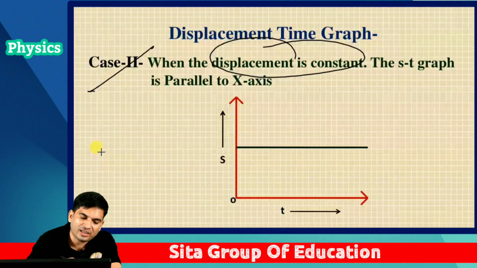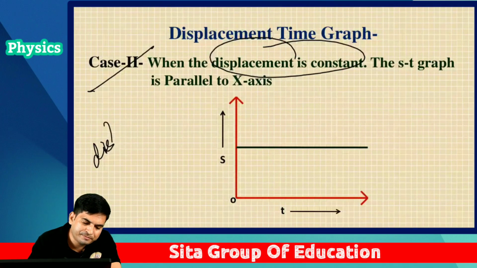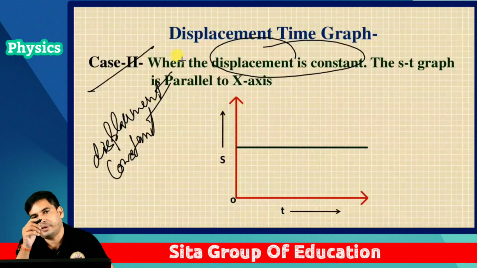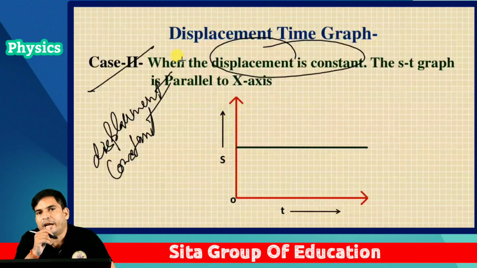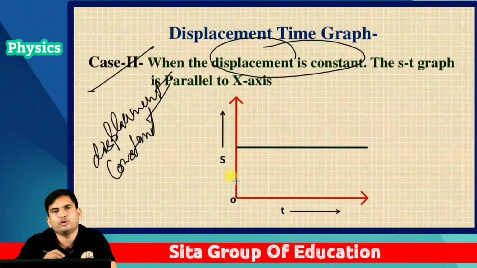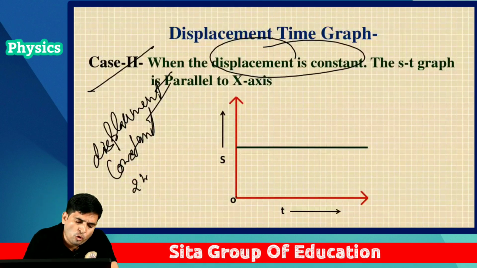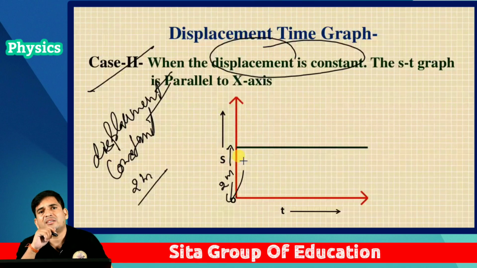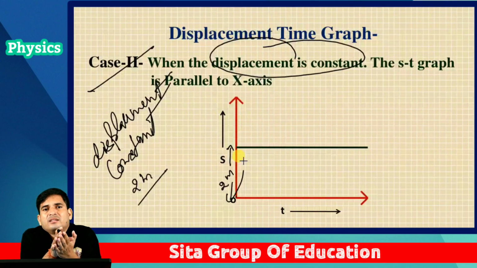Displacement constant means what? Suppose you have to move from your home. This is your position. You have walked 2 meters. After that, you met your friend. Then you stopped your journey.